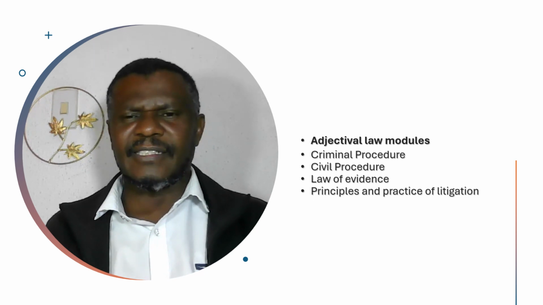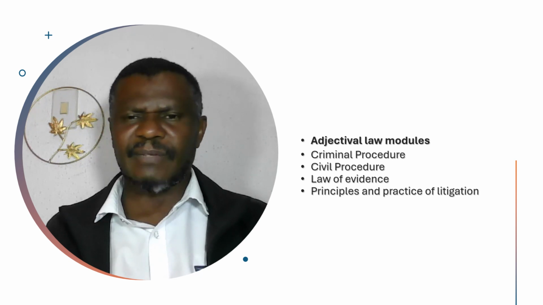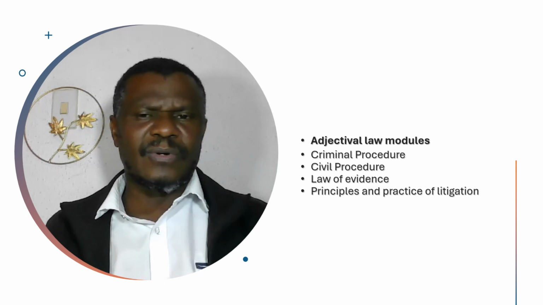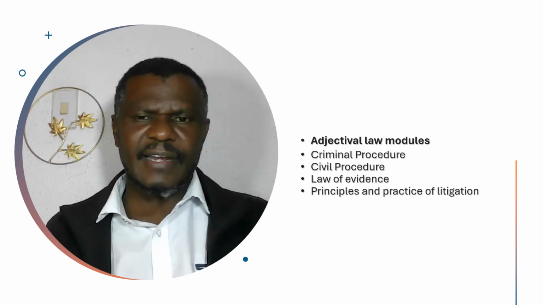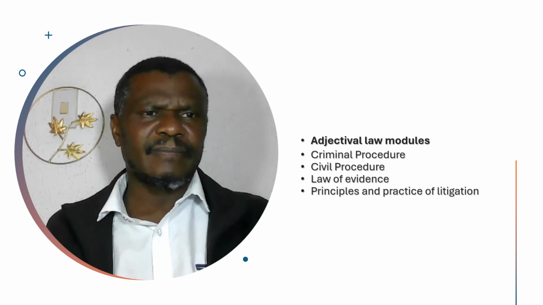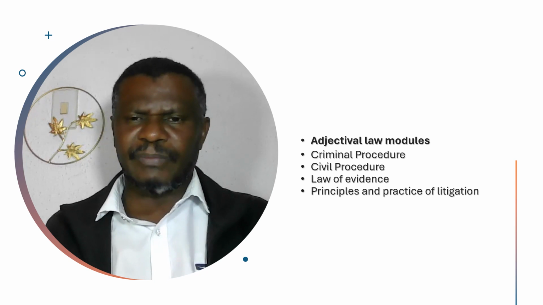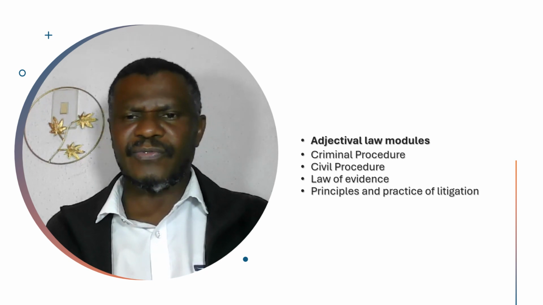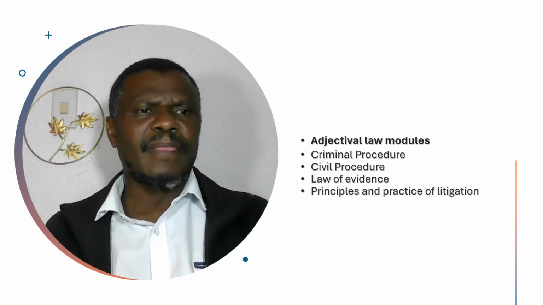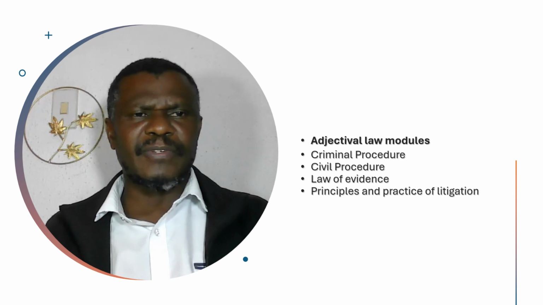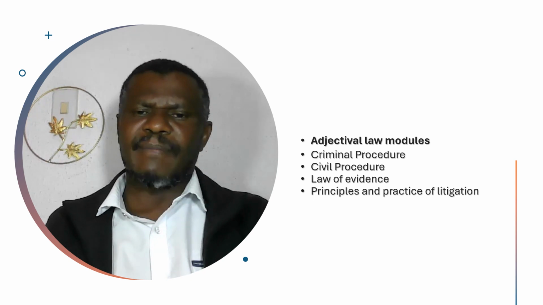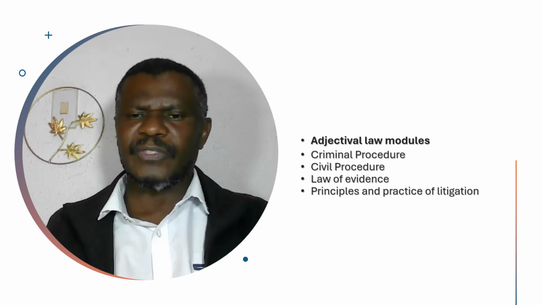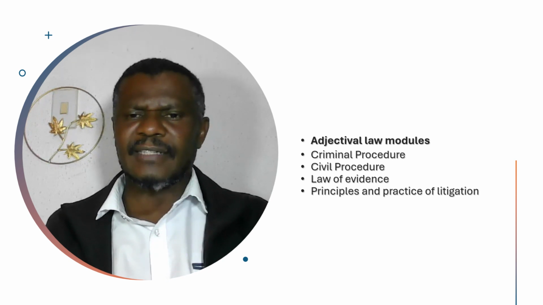What evidence is necessary, what evidence is admissible in proving facts or proving whatever case one has brought before the courts. So the principles of law of evidence receive significant attention, and then principles and practice of litigation.